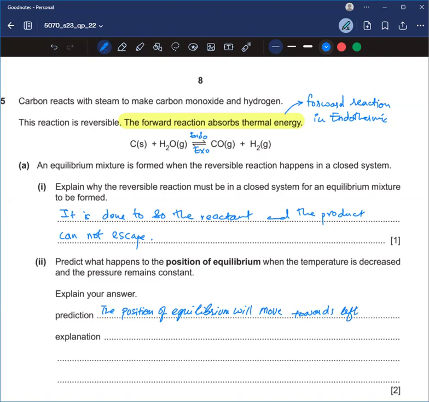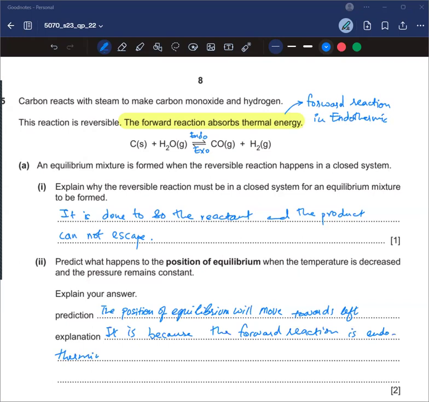An explanation for it would be because the forward reaction is endothermic, and the backward is exothermic, as I had told you.